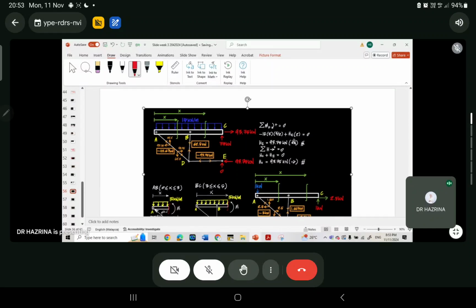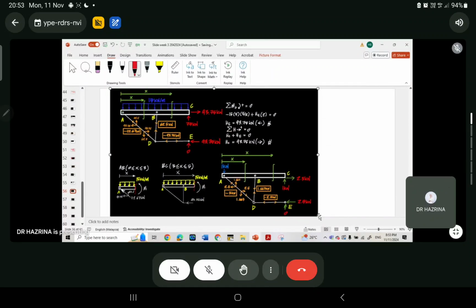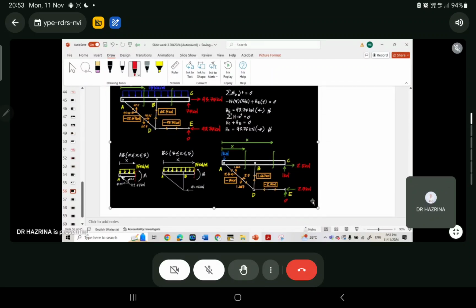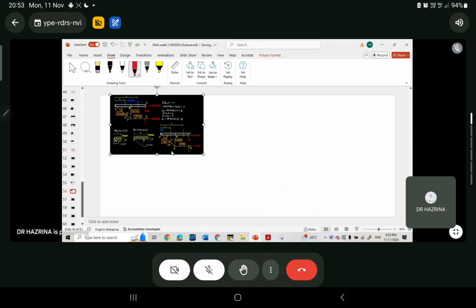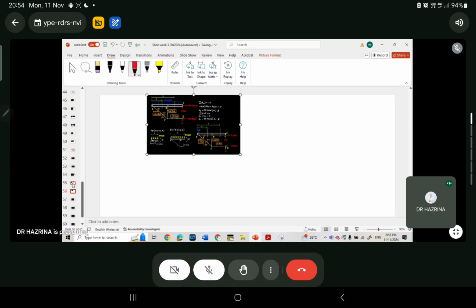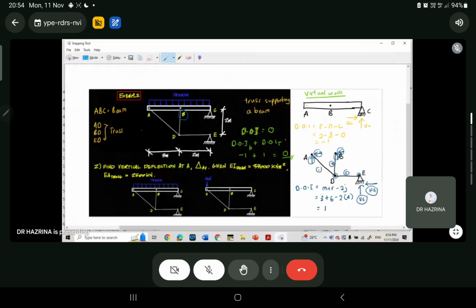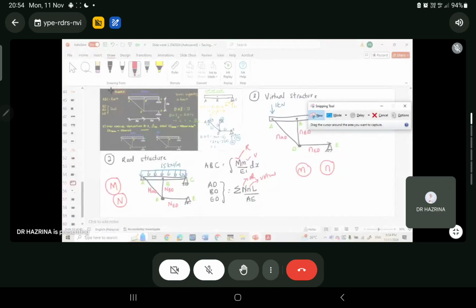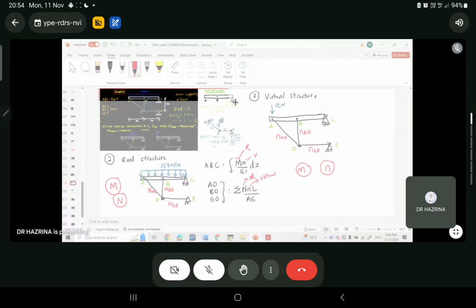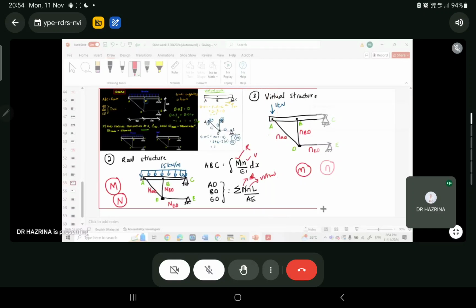So for the real structure, hold on. Okay, wait. We take the real structure first.